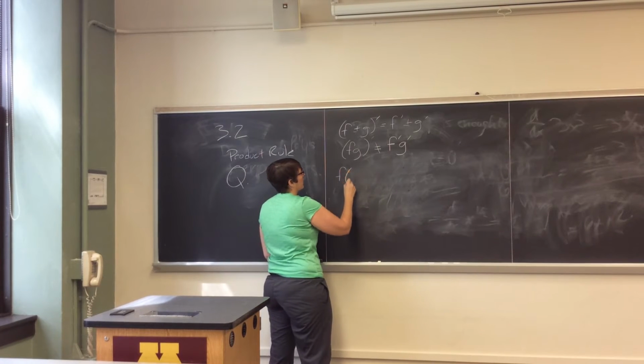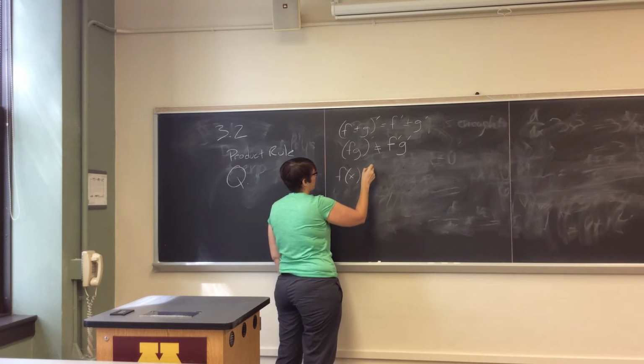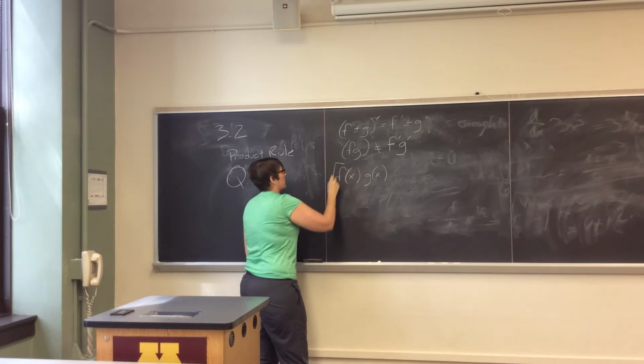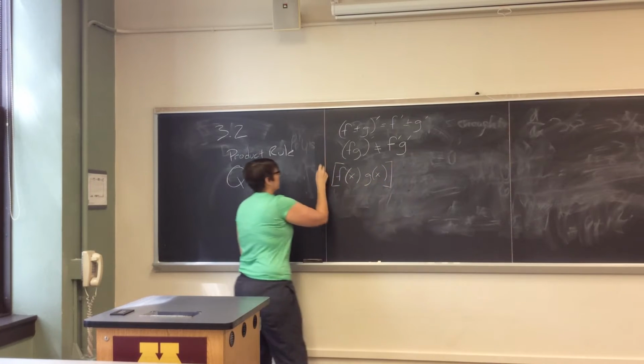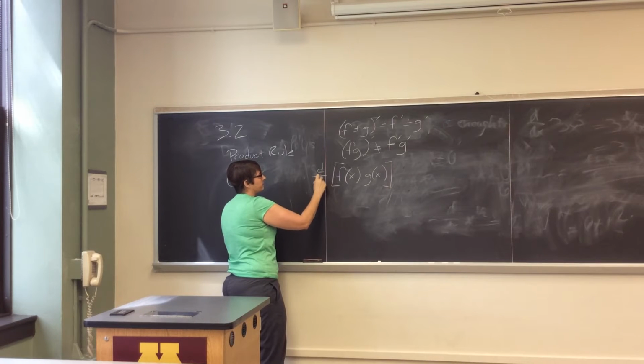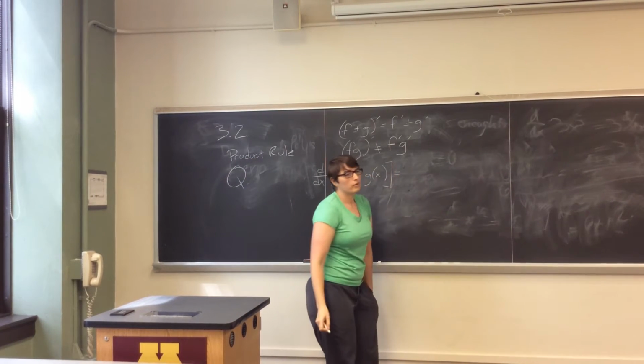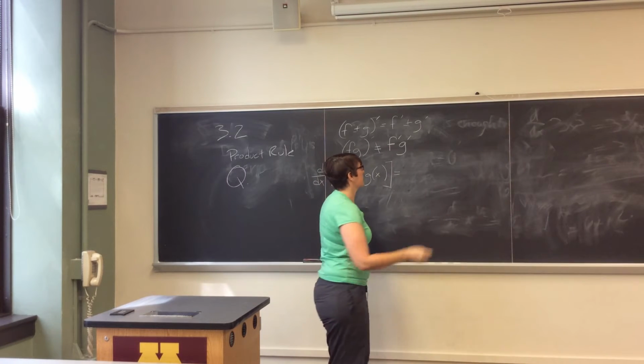It says f of x times g of x, and then we d dx the whole thing. That is equal to, oh my goodness, I'm going to get the order wrong and you guys are going to yell at me.